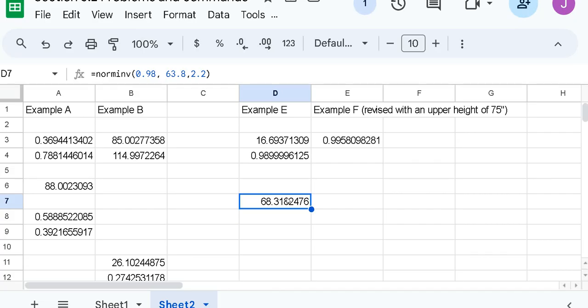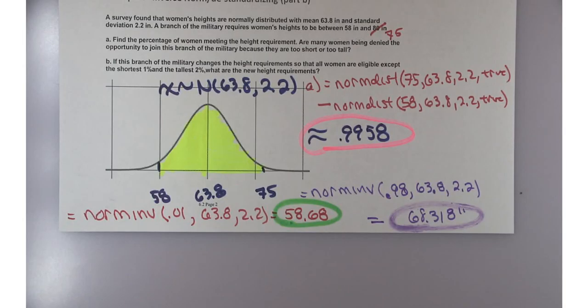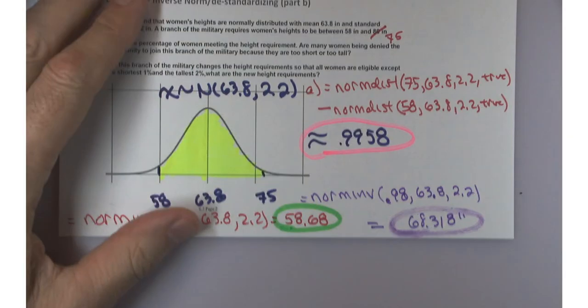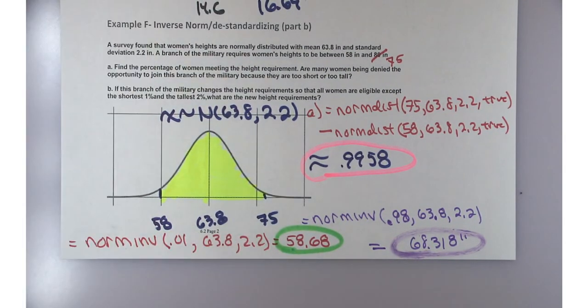Thank you so much. I think that's all I've got to say for this section, other than the fact that you guys are lucky that you don't have to do this old school. Old school is a lot of work, back when we had to do it by looking up values in tables.